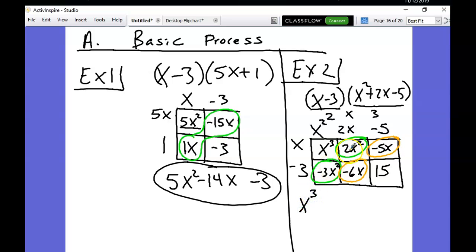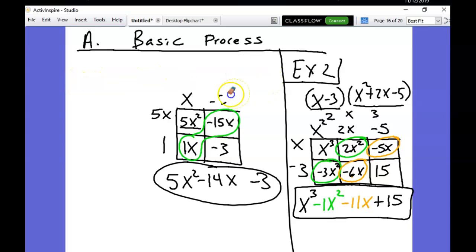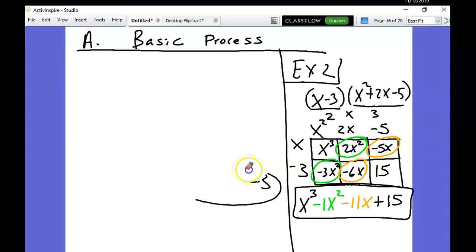These two green ones can come together. Negative 3 and positive 2 makes a negative 1x squared. Negative 6 and negative 5 makes a negative 11x. And then 15 by itself. And there you go. That's polynomial multiplication. Not too shabby.